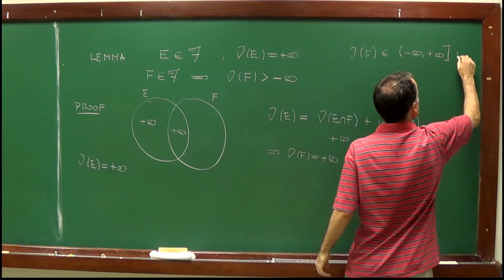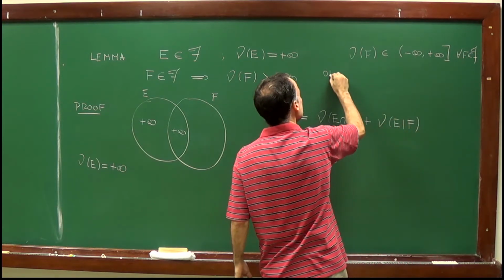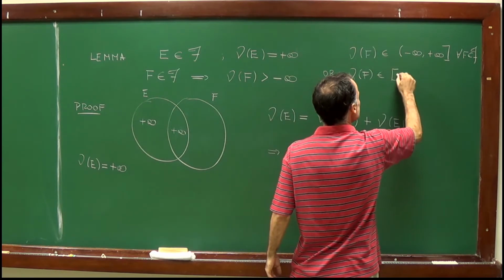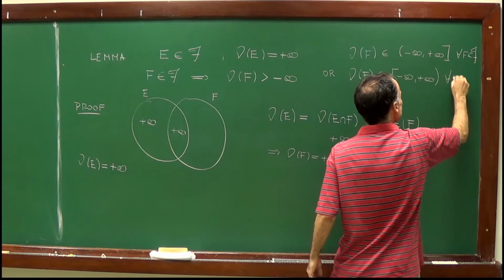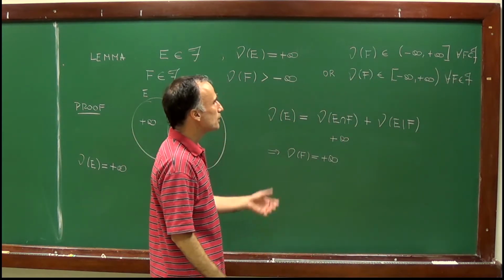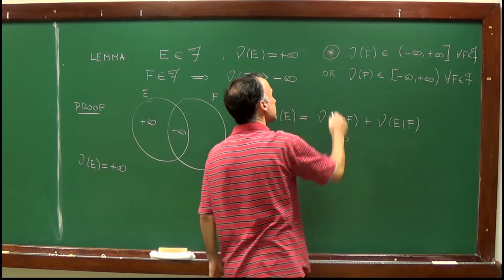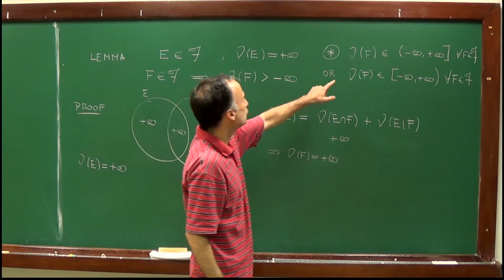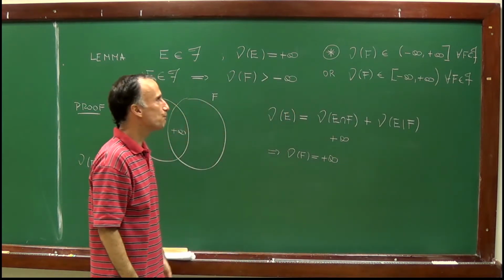between minus infinity and plus infinity for all F, or nu of F belongs to minus infinity, plus infinity for all F. And from now on, without loss of generality, I will assume that the first alternative holds, so that nu of F never takes the value minus infinity.